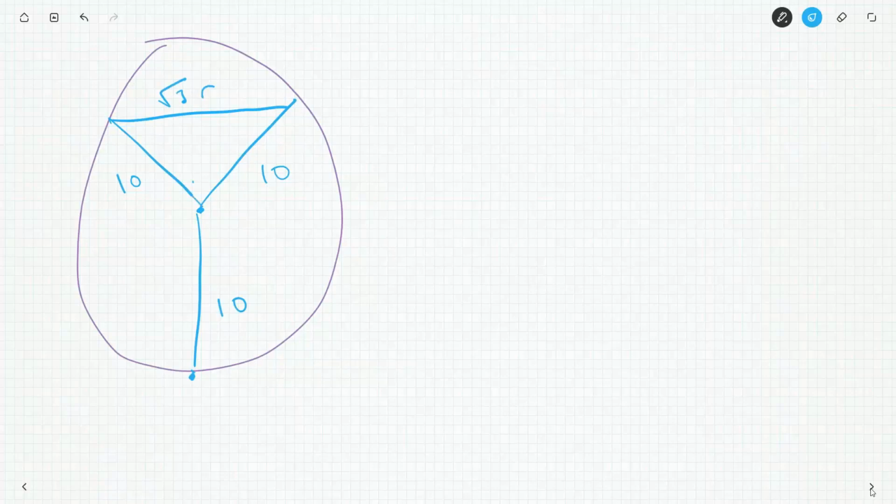And that should get me... Well, if I knew this angle, we'd be all set. But I guess there's the problem. I don't know exactly what we're going to have here.